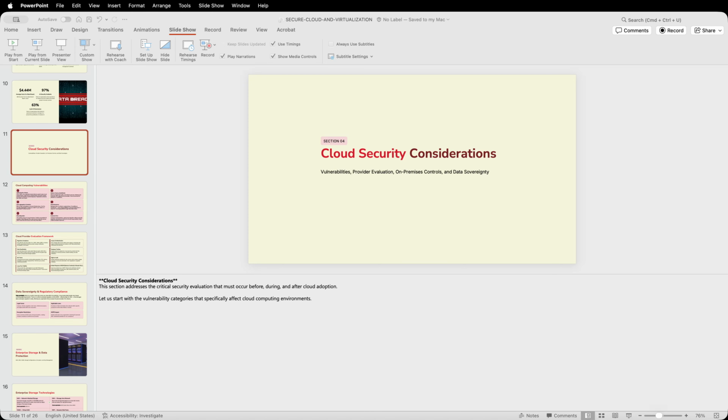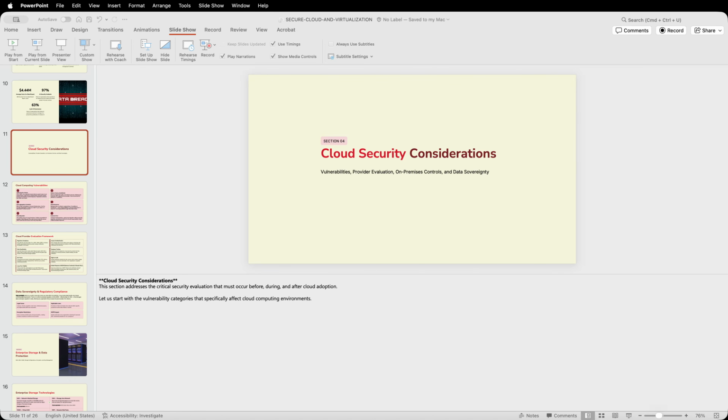Again, also approval workflows, testing procedures, and rollback plans. Now, this is particularly important because storage misconfiguration can result in data exposure, loss, or corruption that may not be immediately apparent.